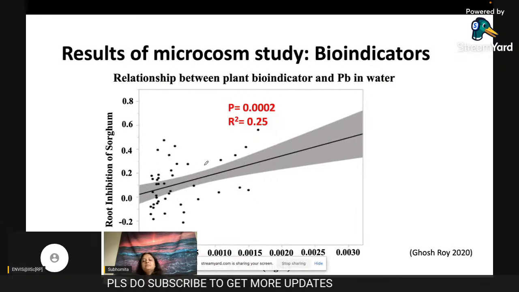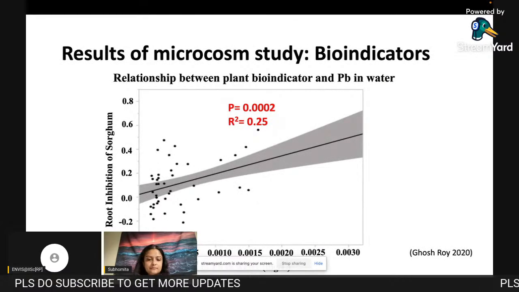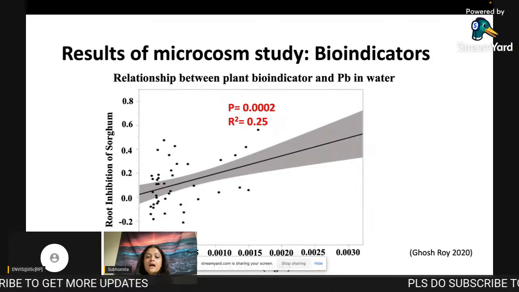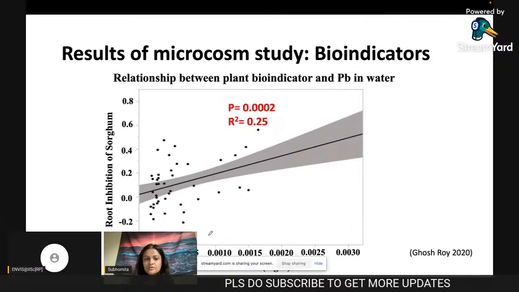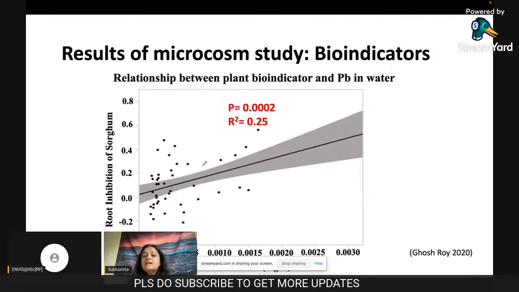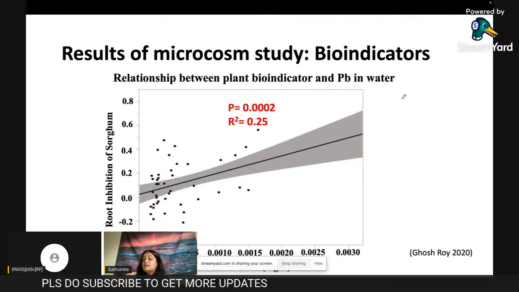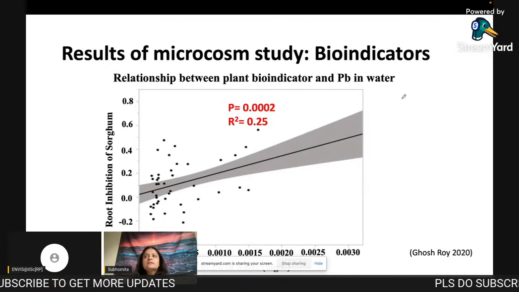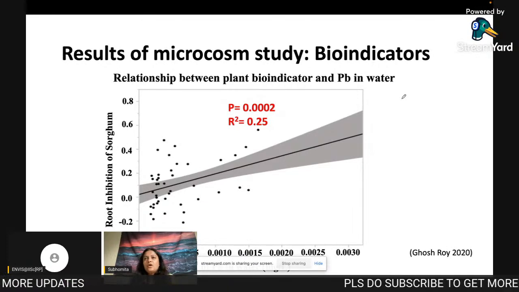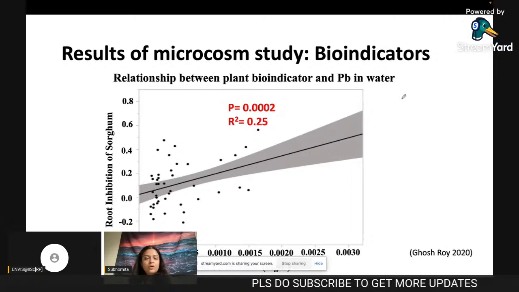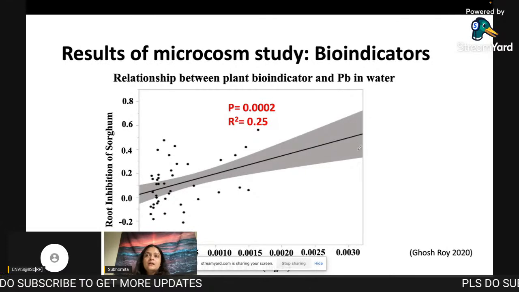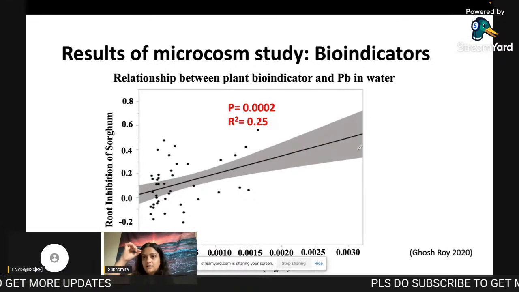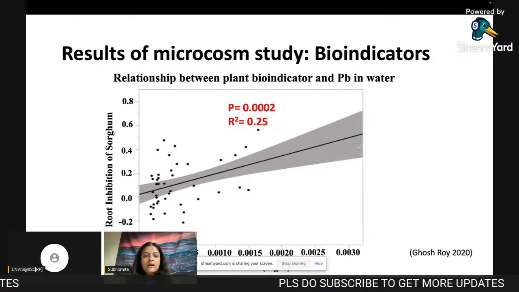So in terms of the plant indicators, I don't know if you can see here, this is lead concentration in water. Against this lead concentration in water, we see an increase in inhibition. This is something different from what we have seen before, because lead was really not affecting the growth. But here it is. That's an interesting find, because we have added a lot more lead in the water.